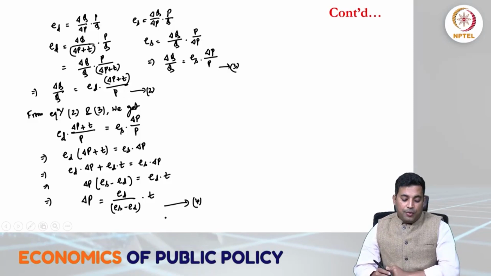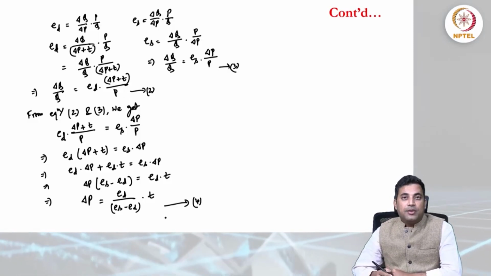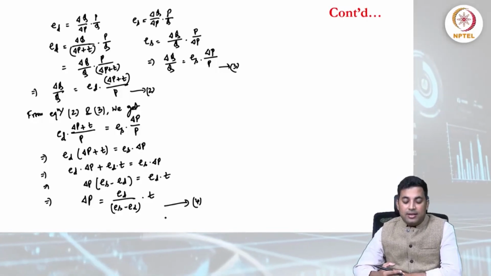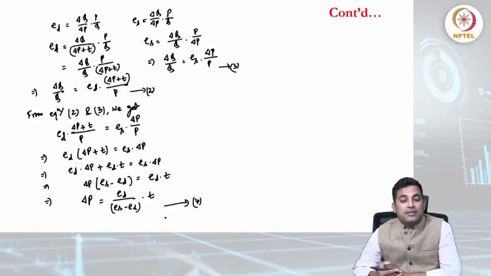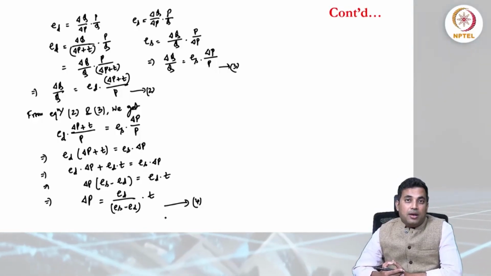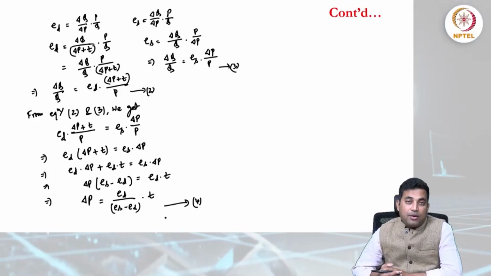This equation 4 actually shows the relationship between the change in price and taxes, and of course the elasticity for both, elasticity of demand and elasticity of supply.